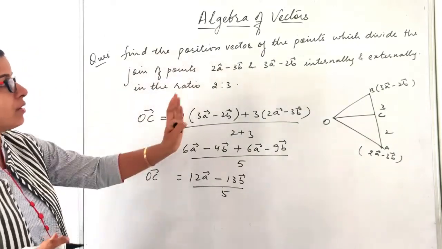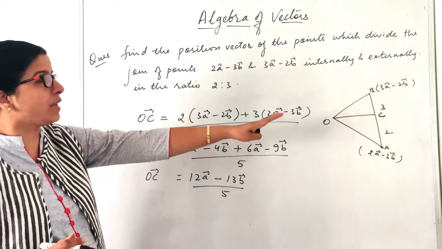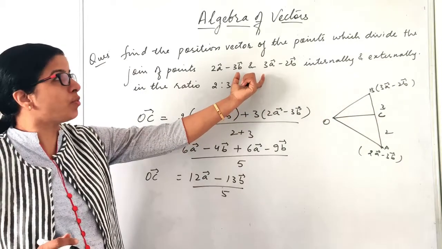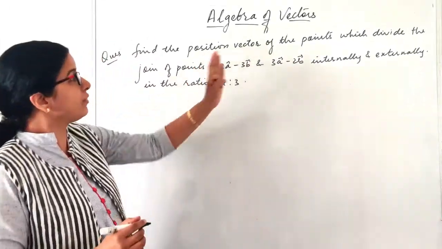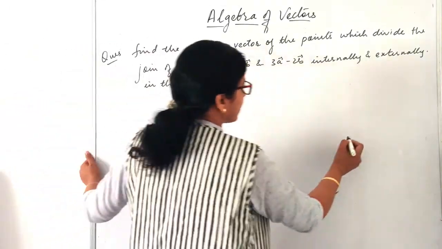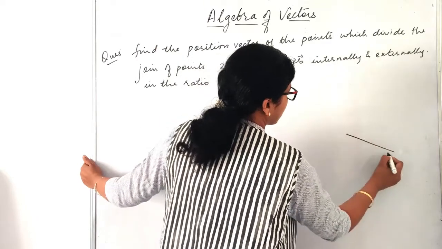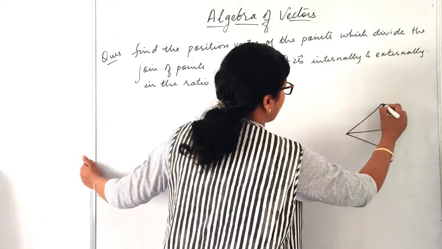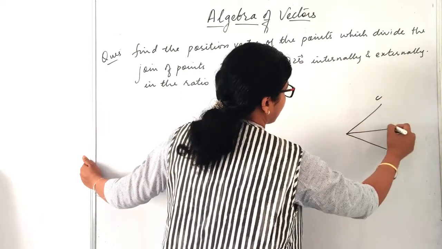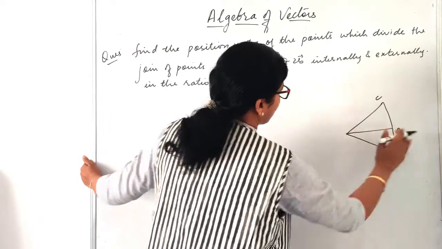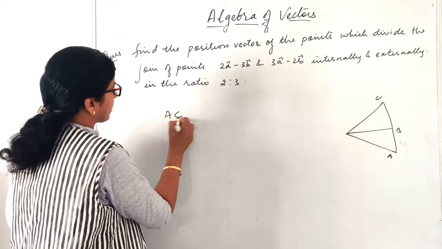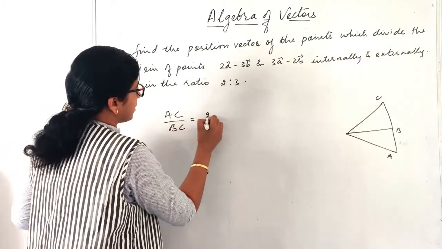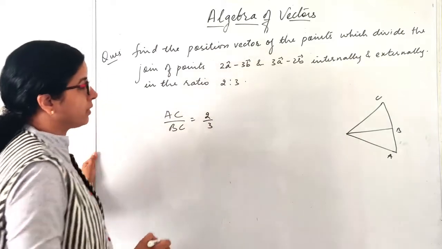Now let us check what will be the position vector of C when it is dividing these 2 points externally. Now if they are dividing externally, so what will be the case in that scene? So this is my A vector, this is my B vector, and this is my C vector, right? So this is the case. So AC upon BC is given as 2:3, right?